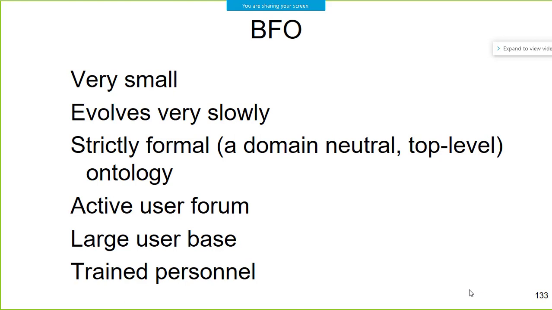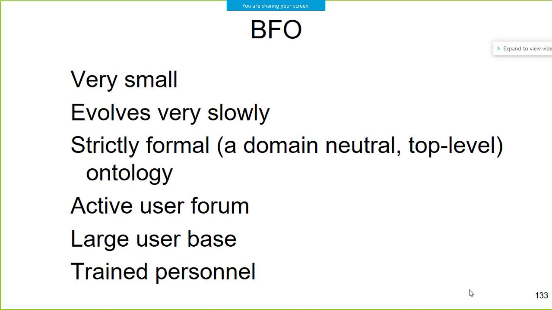Because it's very small and because it has so many people who use it, it changes slowly. So we have only had 3 versions. Version 1, version 1.1, and now version 2. Version 1.1 consisted in adding information artifacts, or anyway, the corresponding parent term for information artifacts, which we realized we didn't have in version 1. And version 2 consisted in cleaning up various things.